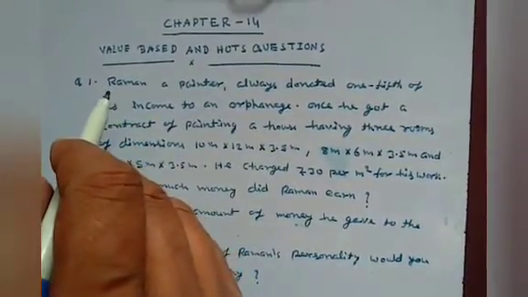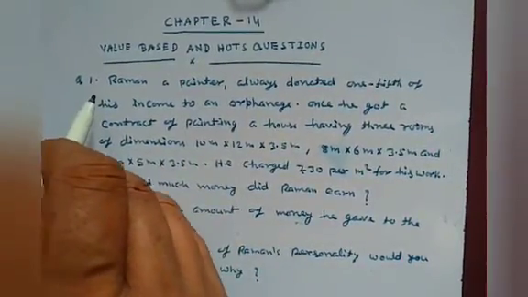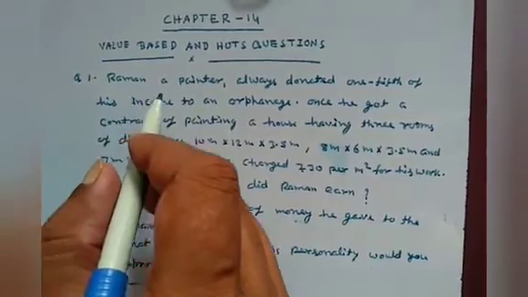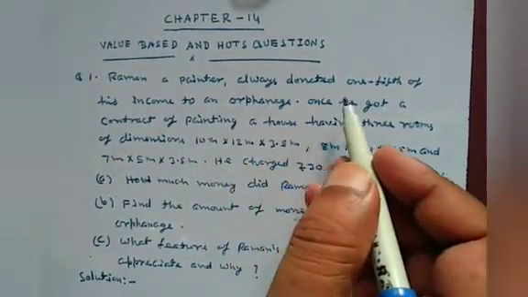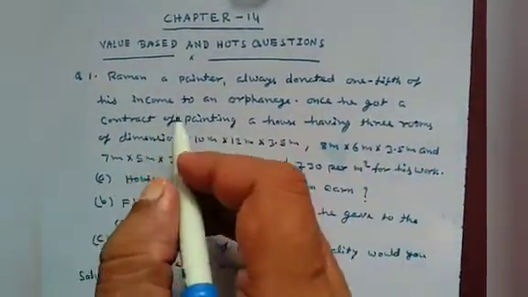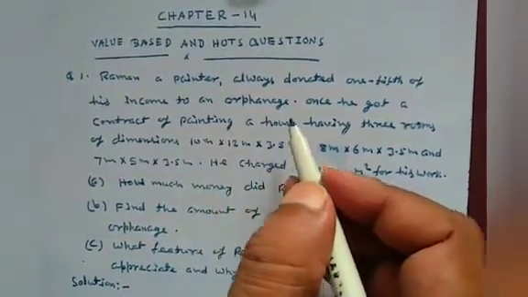Value based questions. Number 1. Raman, a painter, always donated 1/5 of his income to an orphanage.